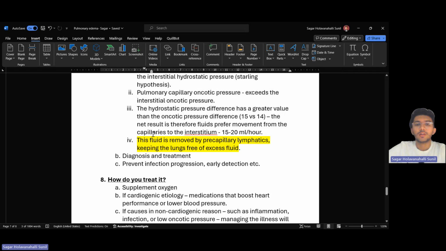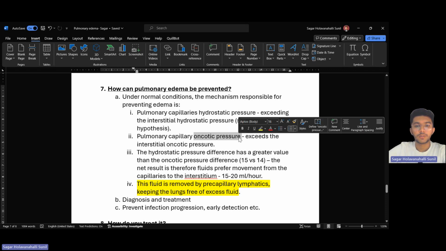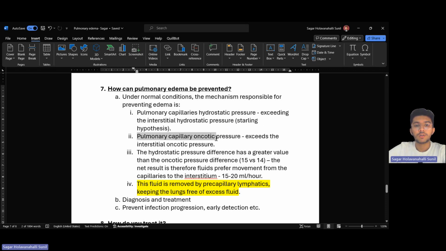So you see, typically what happens is, if you look at the hydrostatic pressures and how they change, you have a capillary hydrostatic pressure and you have the interstitial hydrostatic pressure, right? The interstitial hydrostatic pressure is nothing but the pressure within the septa itself. So the hydrostatic pressure from the capillaries is obviously more, right, than the interstitial hydrostatic pressure. However, when you look at the oncotic pressure, the capillary oncotic pressure exceeds the interstitial oncotic pressure.